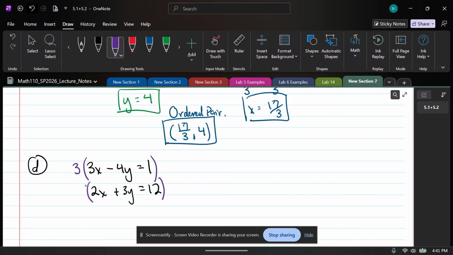The bottom equation, I'm going to multiply by 4. That'll turn that 3y into a positive 12y. That's going to convert this problem into 9x minus 12y is equal to 3. The second equation is going to convert into 8x plus 12y equals 48.